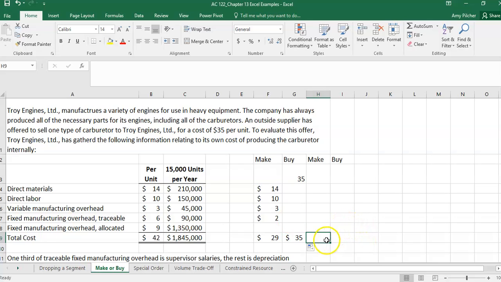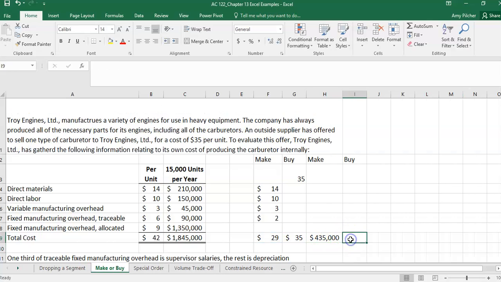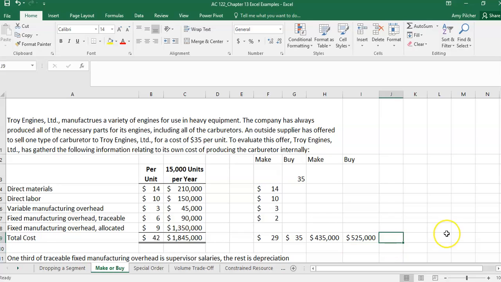And now at 15,000 parts a year, we can calculate the total cost of make versus buy. So the financial advantage or disadvantage is the difference between making them and buying them.